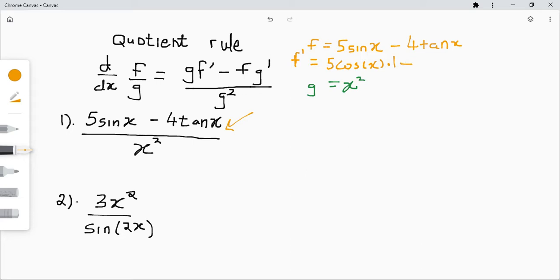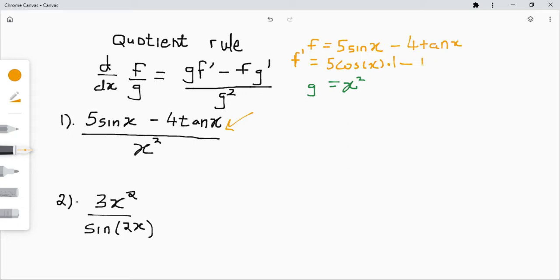Then you say minus, right? We have 4 tan x here. The derivative of tangent is secant squared.